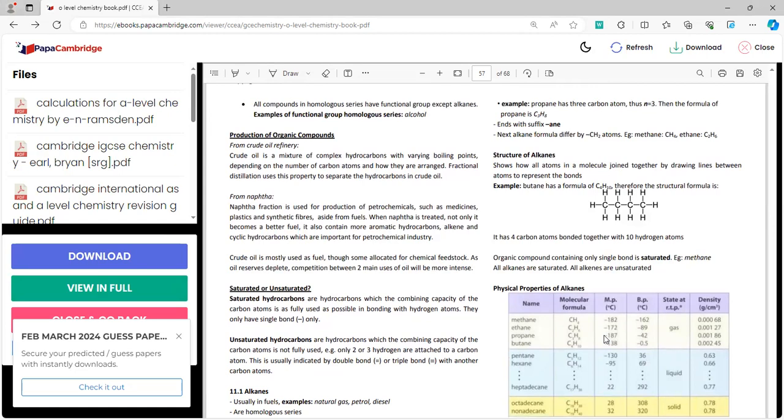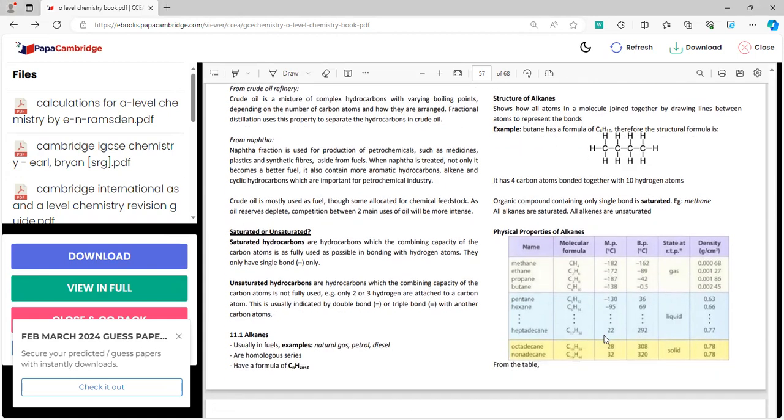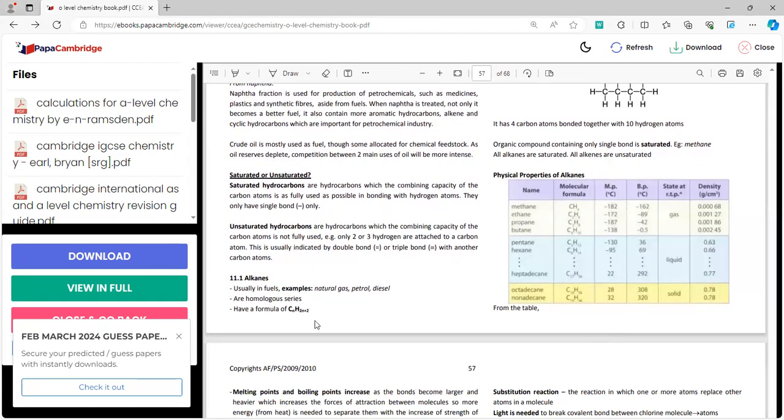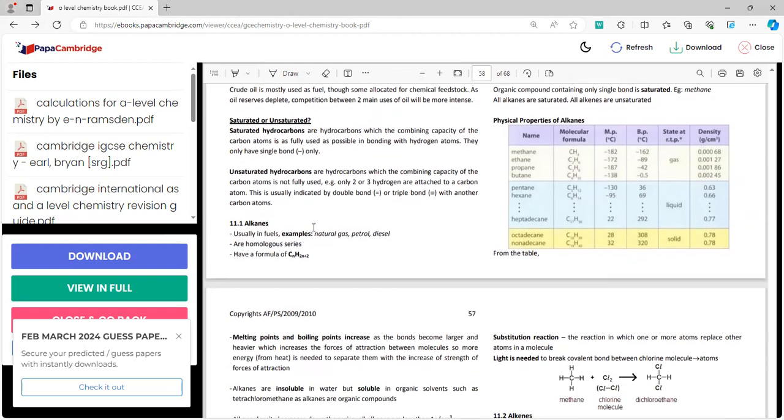For example, naphtha is used in the petrochemical industry as well as for medicines, plastics, and synthetic fibers. Now, the difference between saturated and unsaturated hydrocarbons is that an unsaturated hydrocarbon has a carbon-carbon double bond, and usually unsaturated hydrocarbons have a lower melting and boiling point than saturated hydrocarbons.